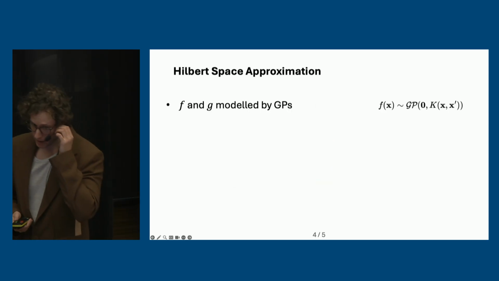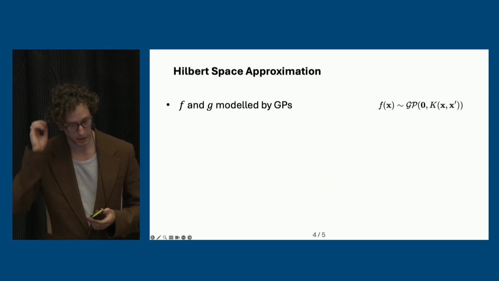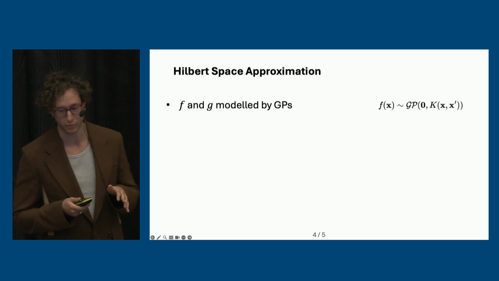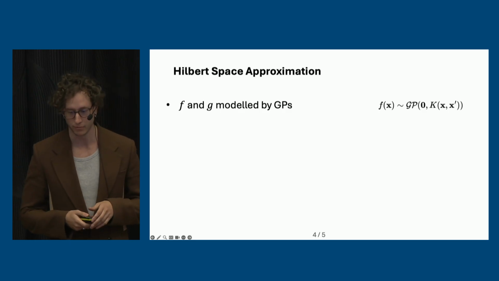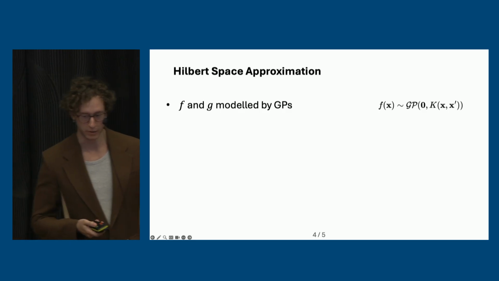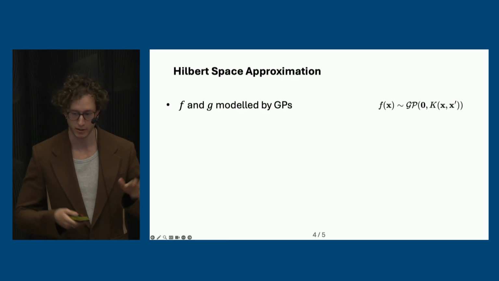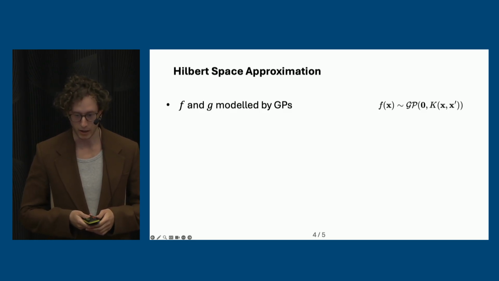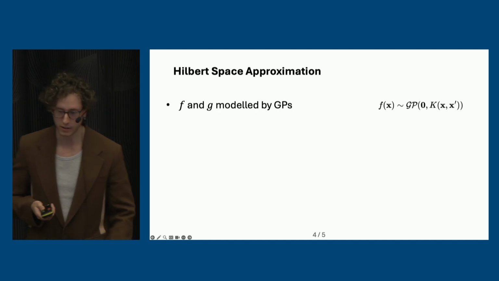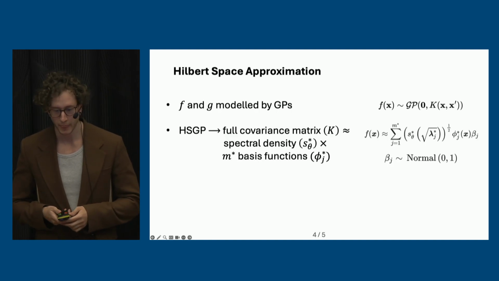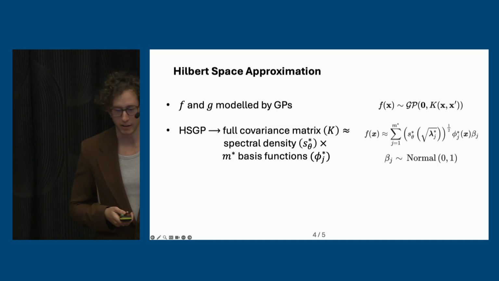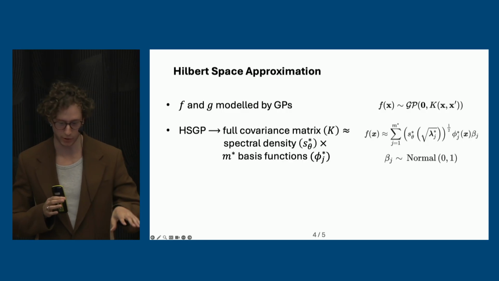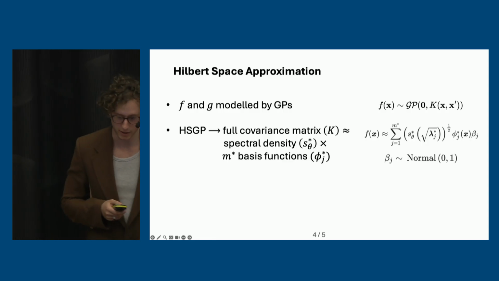In order to avoid that, we use the Hilbert space approximation. We have f and g, the drift and diffusion, modeled by Gaussian processes, and this is the usual notation for it. You'll see x is bold because it's a vector over age and abundance, and K is our kernel, which is the covariance between the different points. So we have this grid where all the points have correlation between them. The idea behind the Hilbert space approximation is we take the full covariance matrix K and break it down into a spectral density and M star basis functions.